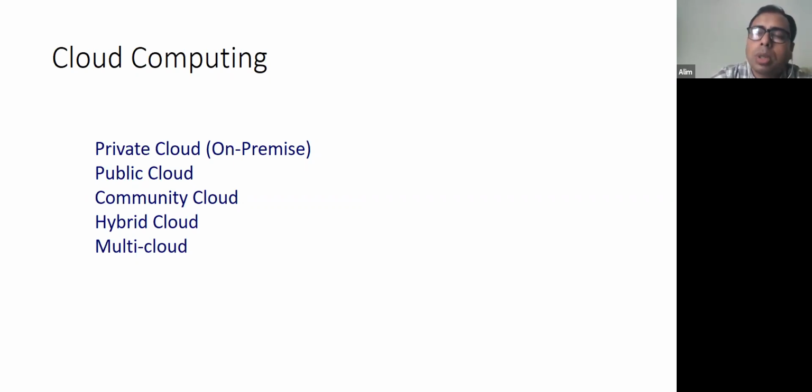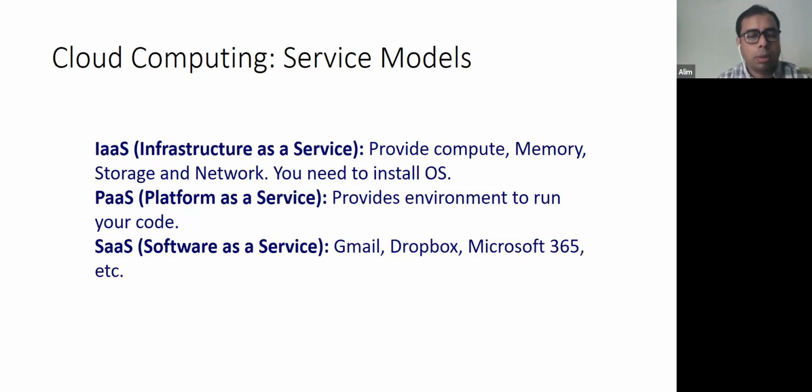Some organizations use Azure and then use AWS and GCP for different services. Maybe they feel that they have more suitable services on different platforms. They use them in combination, so that is why it's called multi-cloud.